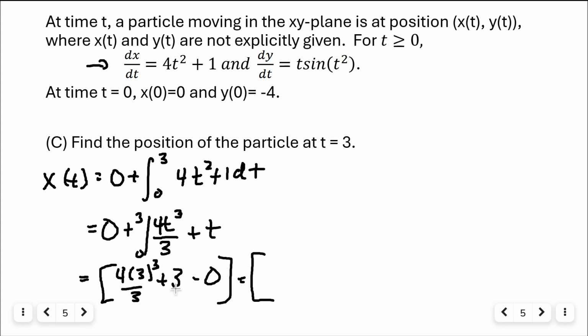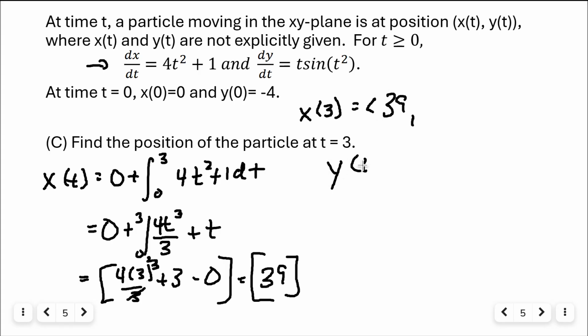If I clean that up, one of these drops out with one of those, makes it squared. It's 36 plus 3, which is 39. Right? So x of 3 will be 39.